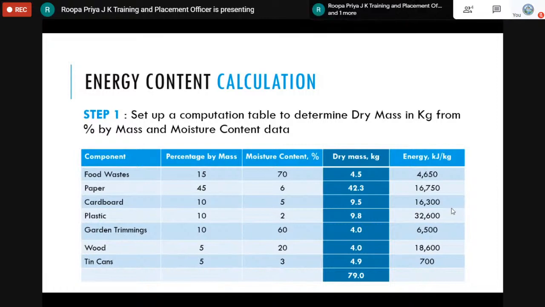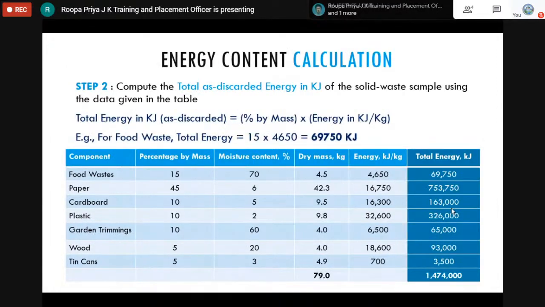And using this energy column and the percentage by mass column, find out what could be the total energy in kilojoule. So you can multiply the percentage by mass value into the energy given in kilojoule per kg. That will give you the total energy in kilojoule. Add all these values, find out what is the total energy in kilojoule produced from these components present in this particular sample of solid waste.